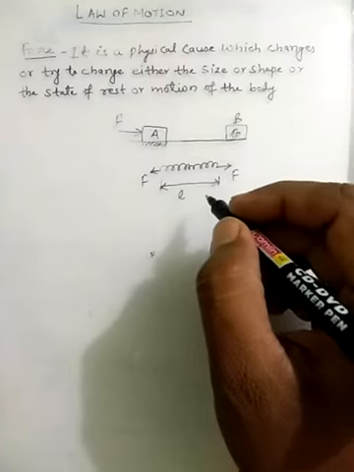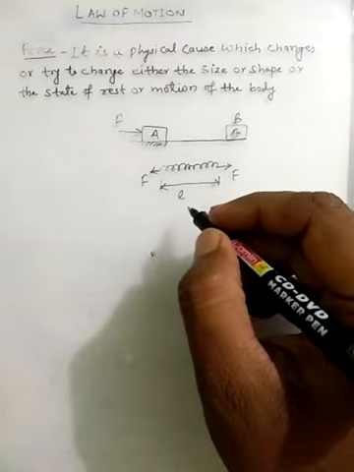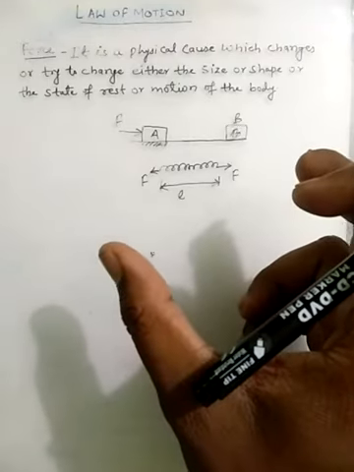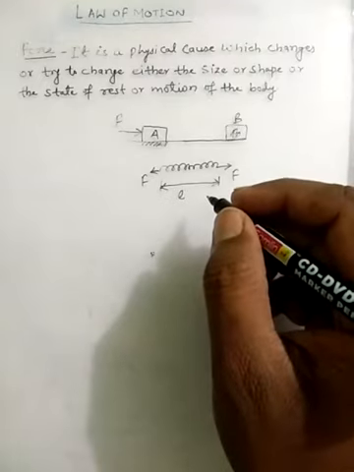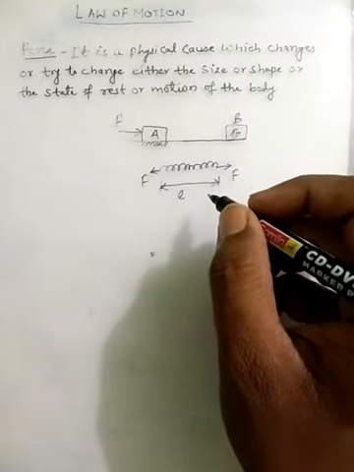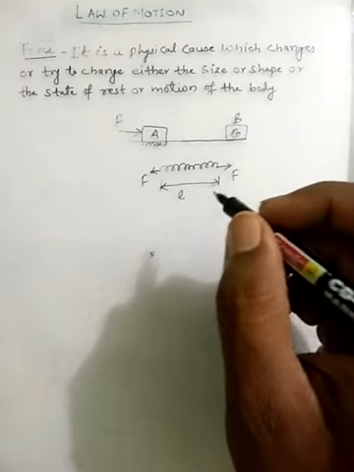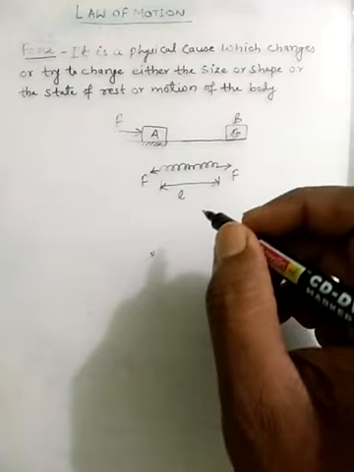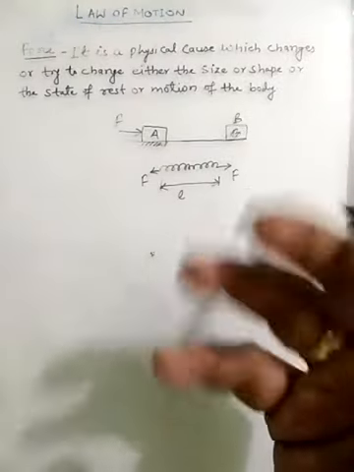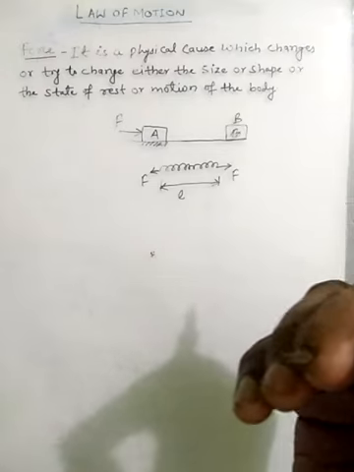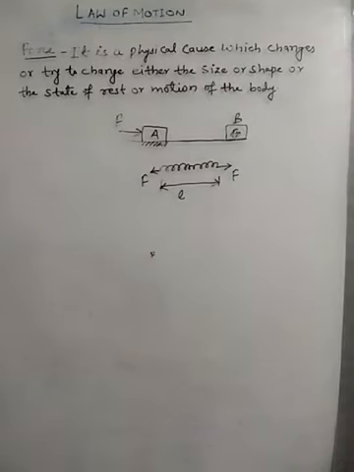It means that the size of the spring is changed. If you compress the spring, then the size of the spring gets reduced. This represents that force is also responsible for changing the size of the object. There are various examples in our daily life.